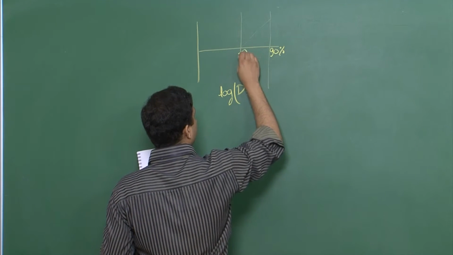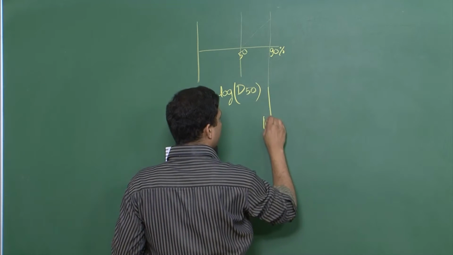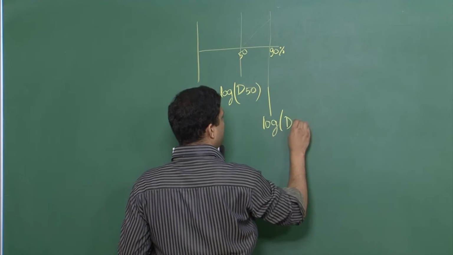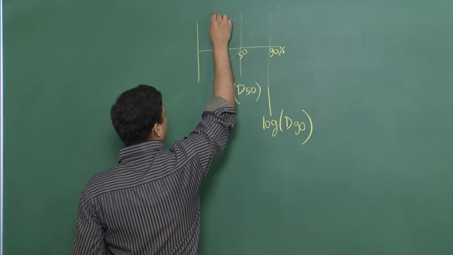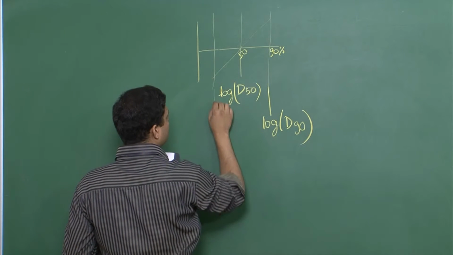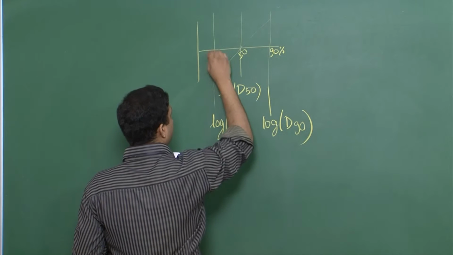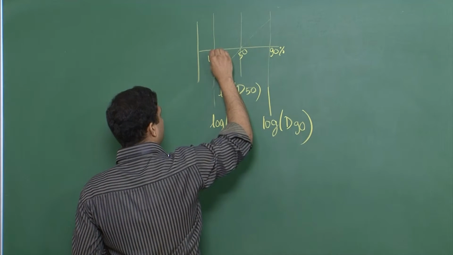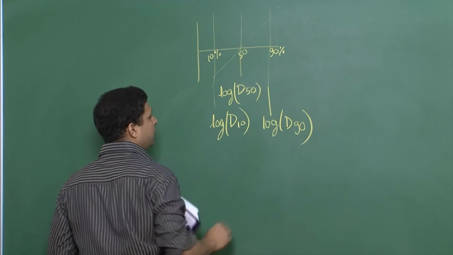So, this was 50% data for that matter, and therefore, corresponding to that you have log D90, and somewhere over here you have 10% data, therefore, corresponding to that you have a diameter D10, log D10.